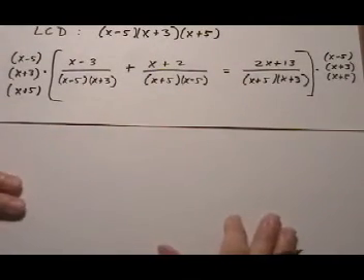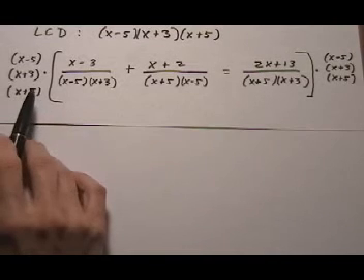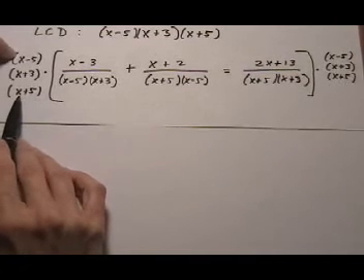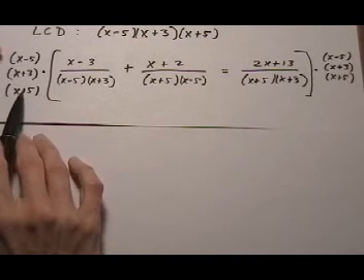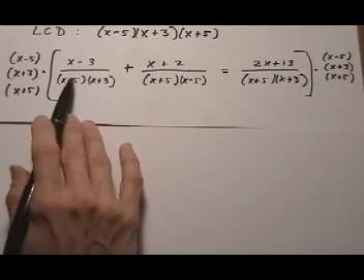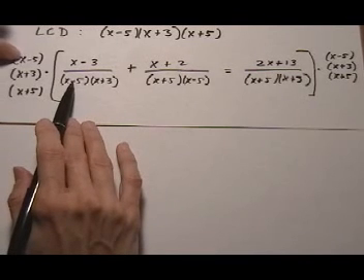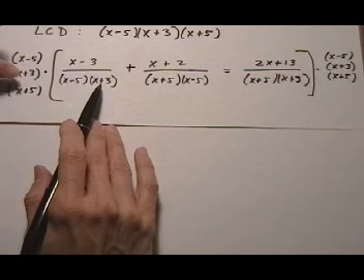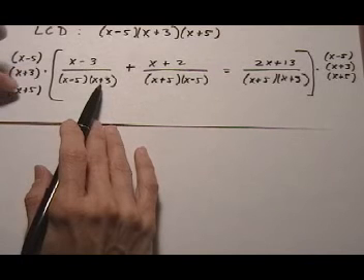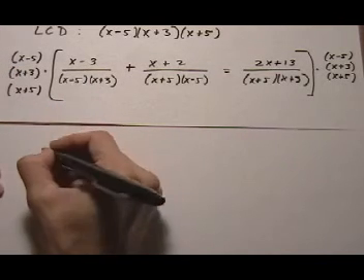So now what we want to look at is, let's see over here, these three factors of the LCD are going to distribute into the left side of the equation, and on the first fraction the x minus 5 will cancel with the x minus 5 of the LCD, and the x plus 3 will cancel too. So we're left with just an x plus 5 times the x minus 3.